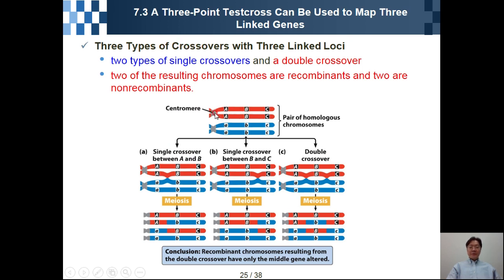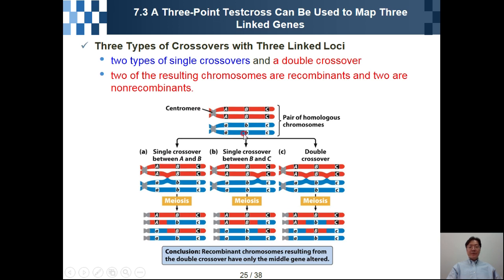For example, this is the centromere, and this is a pair of homologous chromosomes. They are composed of gene A, gene B, and gene C, and the three genes are linked to each other. So this is large A, large B, large C, and this is large A, large B, large C. On the other chromosome, they have small a, small b, small c.